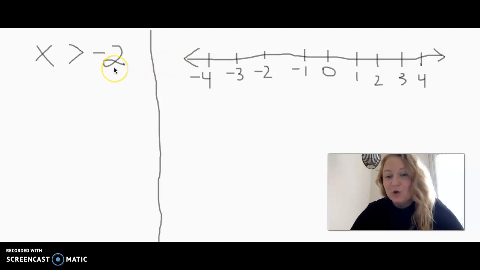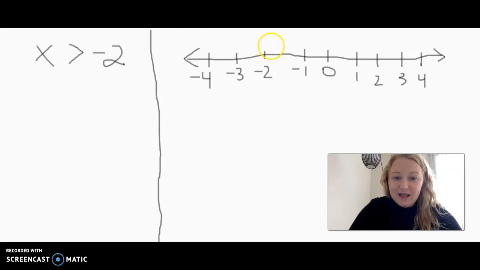The way we're going to show all of the possibilities of what x could be, keeping in mind that it's greater than -2, is this: I'm going to find -2 here, and I'm going to put an open circle because x cannot be -2. It has to be greater than -2.